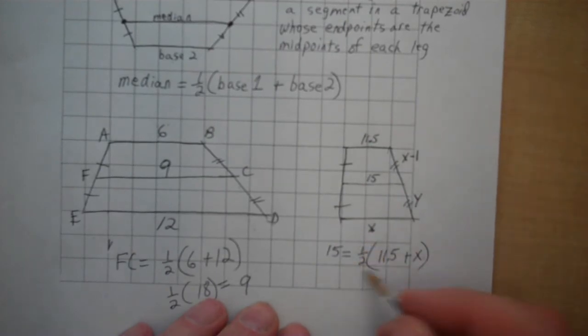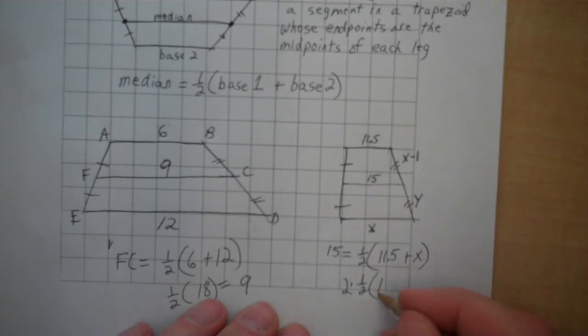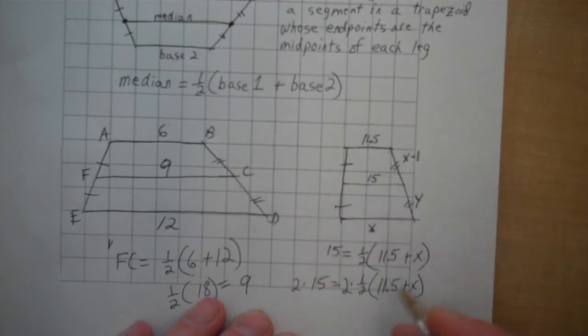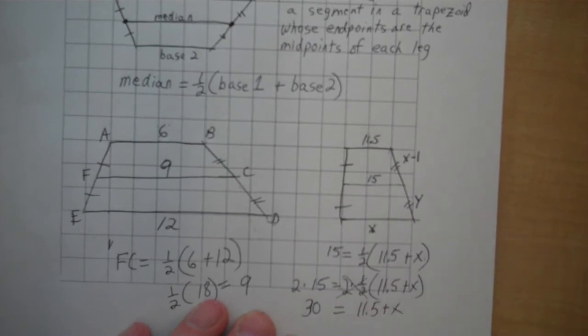So half of 11.5 plus x. I think the first thing I do is multiply this side by 2, and this side by 2, these guys will cancel out, and 2 times 15 is 30, and 11.5 plus x is what's left on the right side.